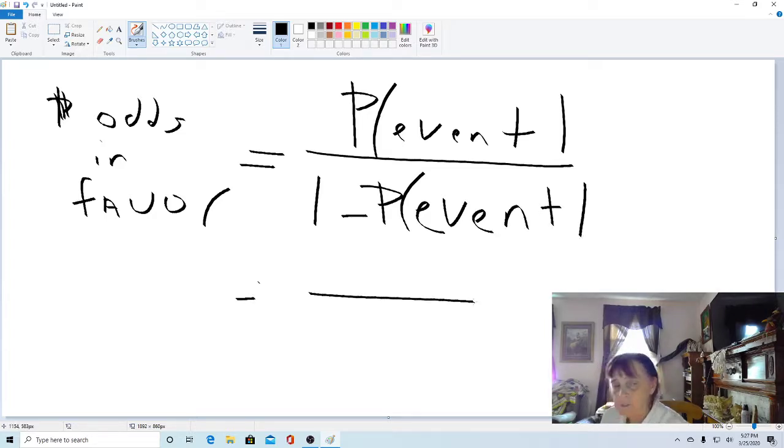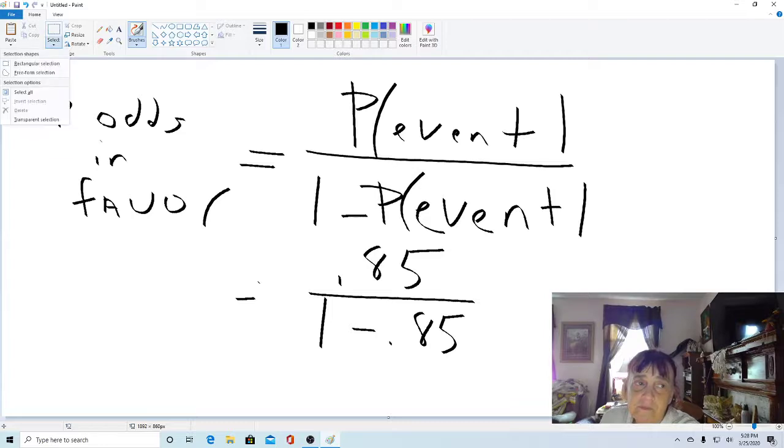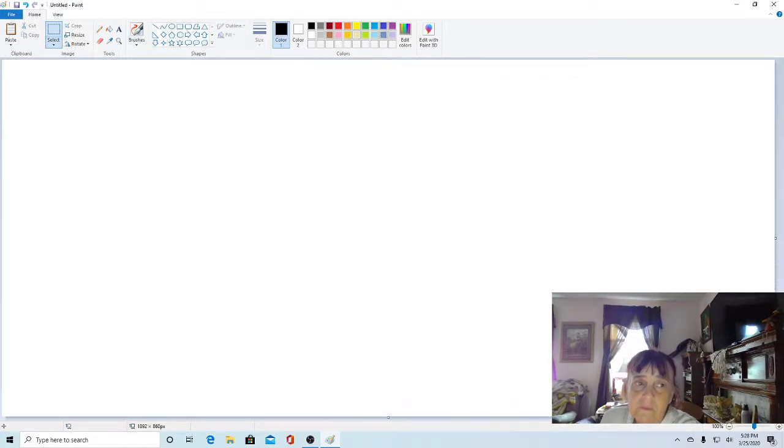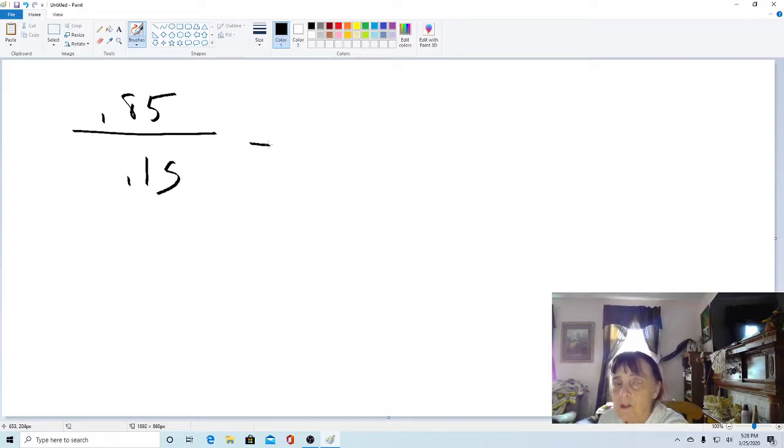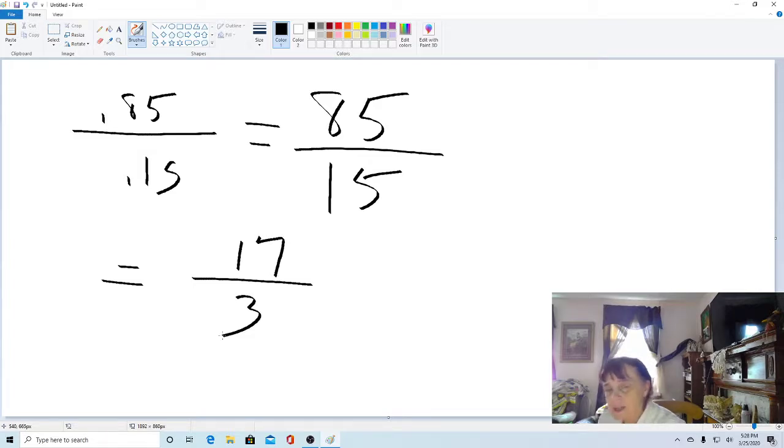And the probability is 0.85 divided by 1 minus 0.85, which is 0.85 divided by 0.15, which is 85 over 15. And if you divide both of them by 5, 85 divided by 5 is 17, 15 divided by 5 is 3. So that's 17 to 3.